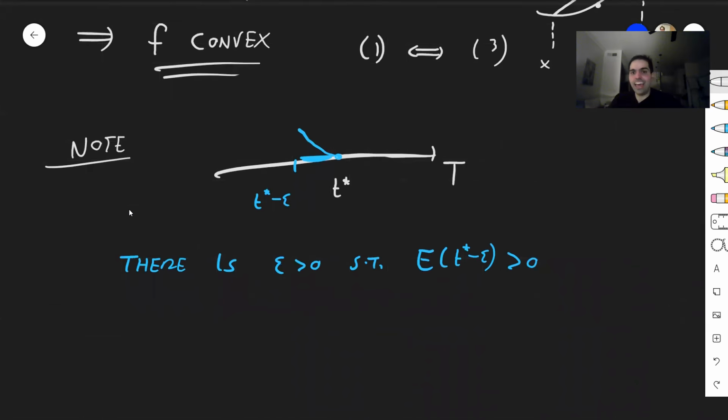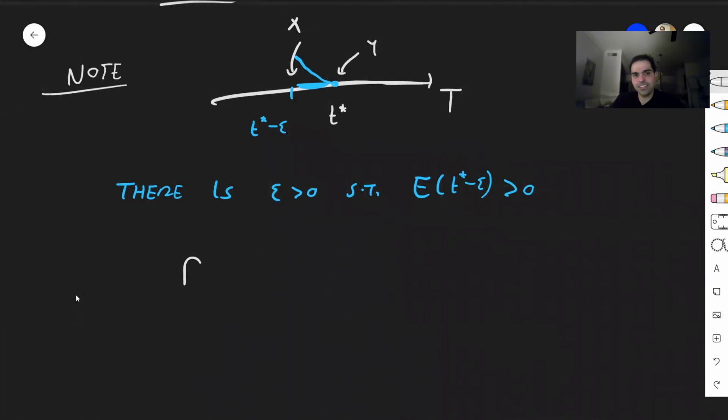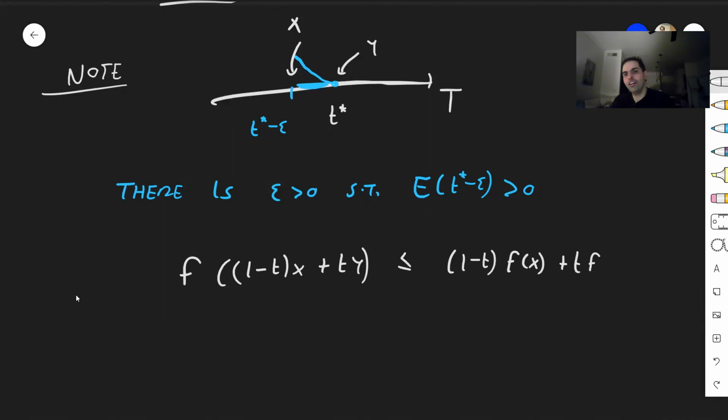All right, and then we would like to use this for y and this for x. Okay? So now, as I said, let's use the fact that f is convex. So since f is convex, f of (1 minus t)x plus ty is less than or equal to (1 minus t) f of x plus t f of y. And again, that's for all t between 0 and 1.